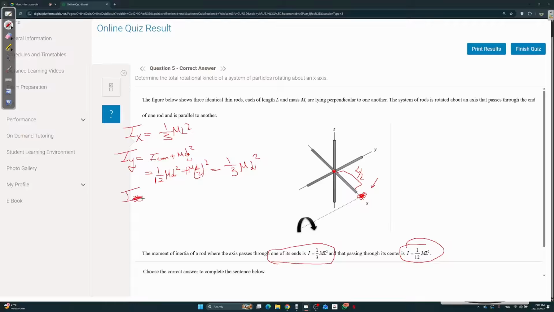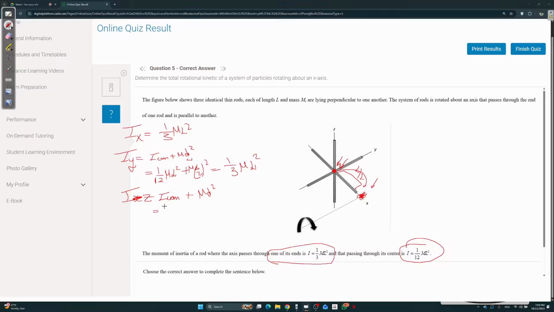Now Iz. Again, same thing. The center of Iz is over here. It's going to be the center-of-mass moment of inertia of Iz plus md squared, because the axis is not at the center of mass anymore. It's all the way over here.